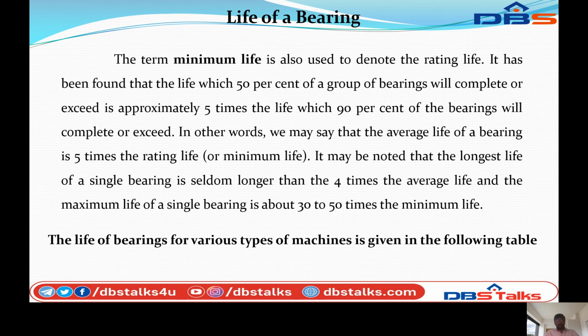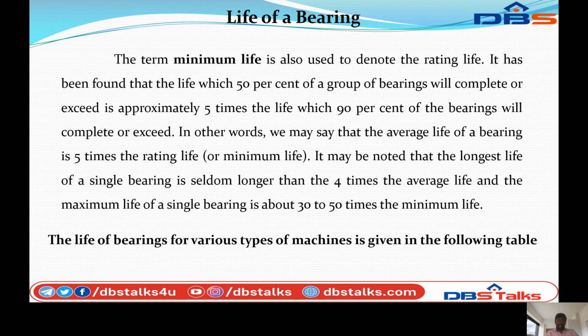In other words, we may say that the average life of the bearing is 5 times the rating life or minimum life. It may be noted that the longest life of a single bearing is seldom longer than 4 times the average life, and the maximum life of a single bearing is about 30 to 50 times the bearing life. So this is the bearing life.